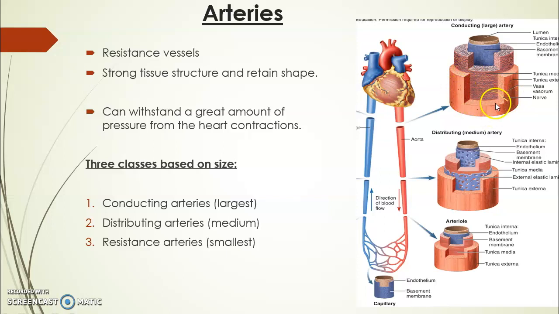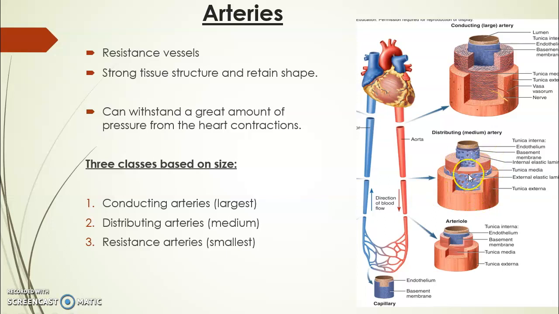So the tunica externa is going to be very thick. The middle portion where we have a lot of smooth muscle, the tunica media, is going to be very thick. As we move down into the distributing arteries, we're going to find that the external part, or the externa, is going to start being reduced.